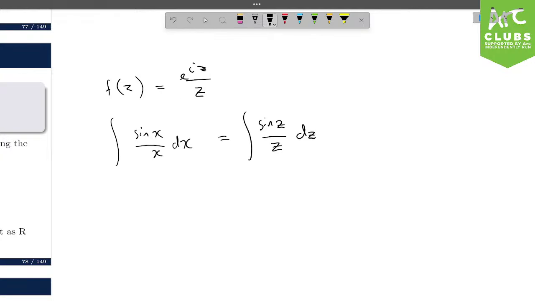And preferably we should rewrite this somehow in terms of this function, right? So we know the definition for sine z. That means we can rewrite this integral as e to the iz minus e to the minus iz over z dz, right?